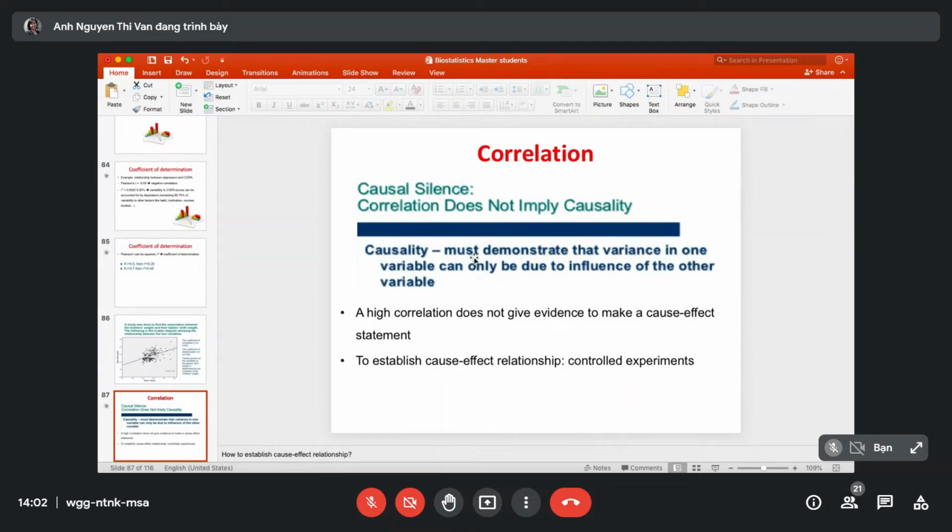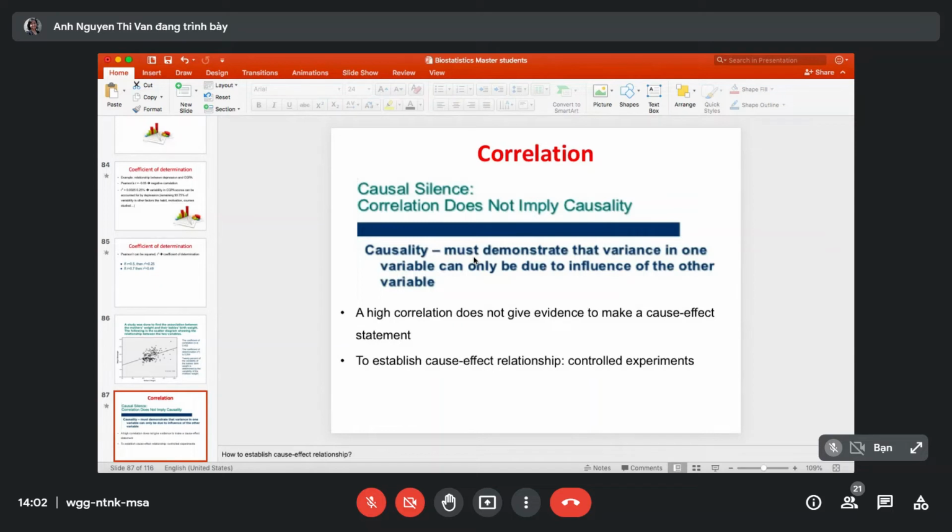You might find information about what a control design is. In this course we don't learn it, but I give you information. We need controlled experiments, controlled design, to establish the cause-effect relationship.